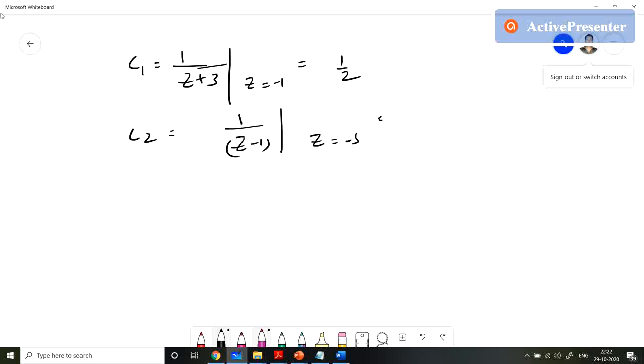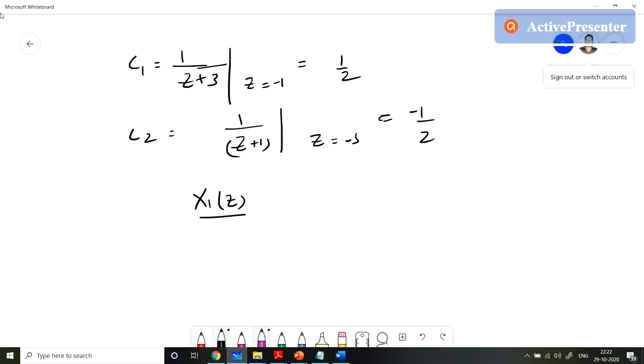If we put z equal to minus 3 here, then we get minus 1 by 2.